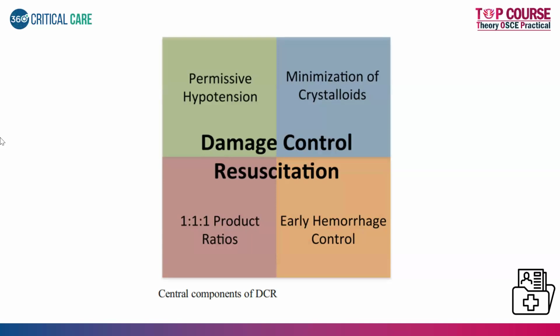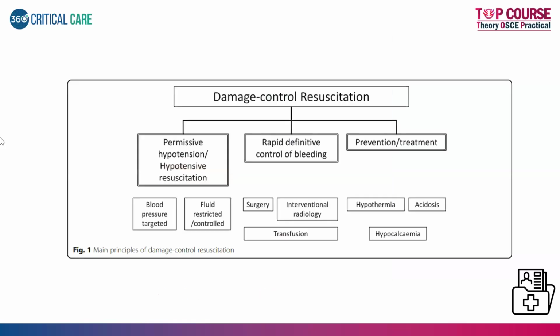is to 1. Okay. Along with this, the principles of damage control surgery usually involve permissive hypotension, like I've already mentioned earlier, rapid definitive control of bleeding, either by surgery, interventional radiology, or transfusion. Okay, that depends on what is the cause of the bleed.